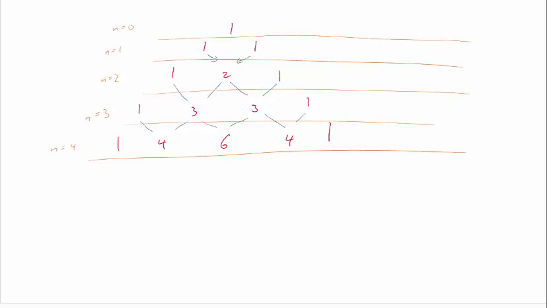All right, let's just go one more down before we start generalizing this. n equals 5. And so again, 1s on the outside. Everything above feeds down like this. 1 and 4, 4 and 6, 6 and 4, and then 4 and 1.